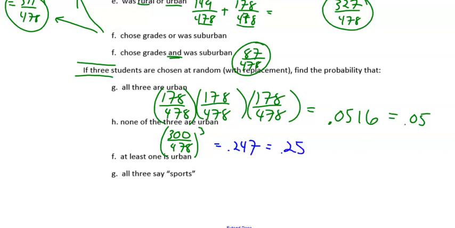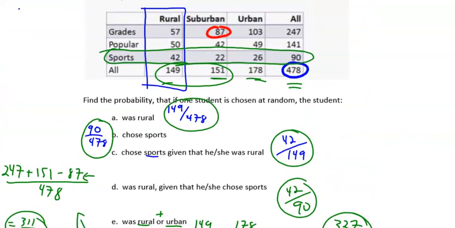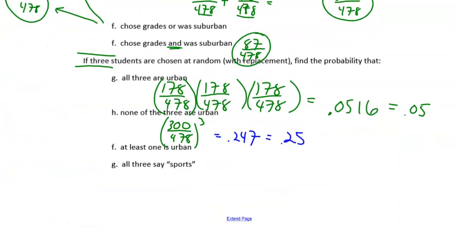All right, our favorite question, at least, well, let's do G, because G's the same question. They all say sports, so that's sports with replacement. It's 90 out of 478 to the 3rd. So 90 divided by 478 raised to the 3rd power.